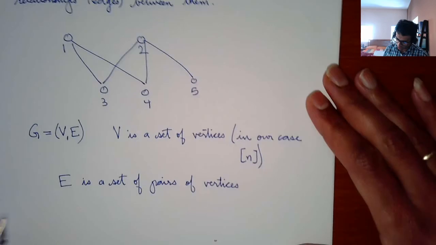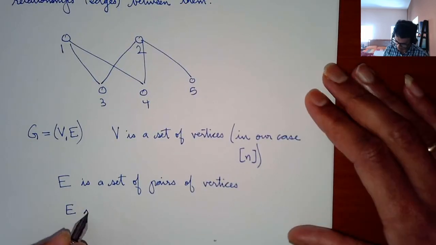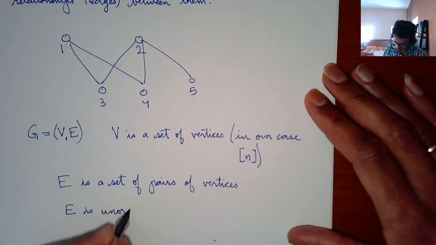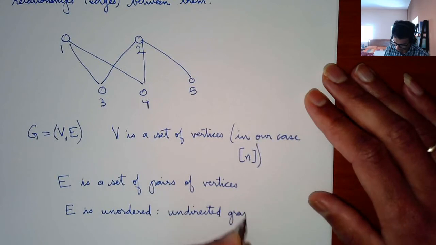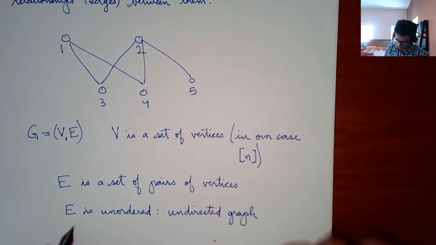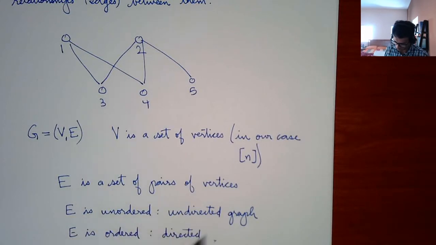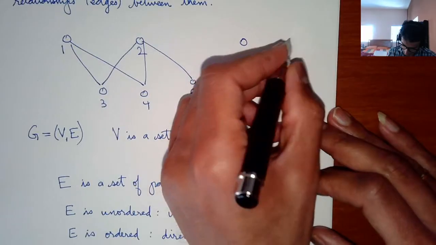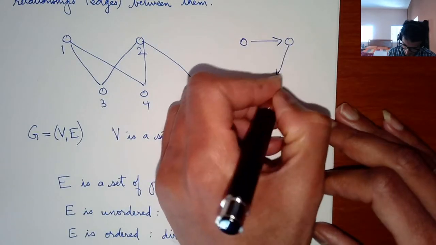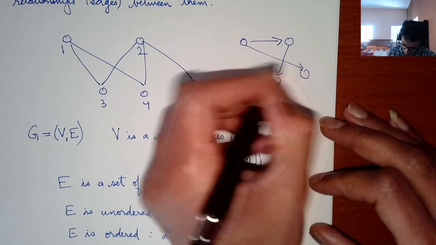Now, if E is unordered, this is called an undirected graph. If E is ordered, this is called a directed graph. So the idea is, this is an undirected graph as drawn here, but in a directed graph you can think of the edges as arrows.